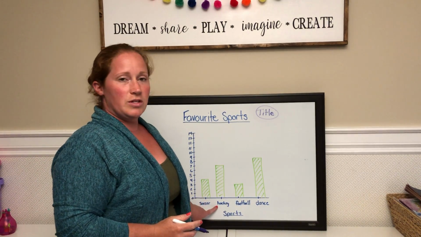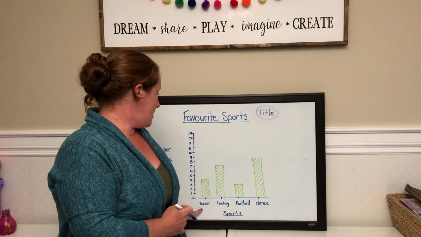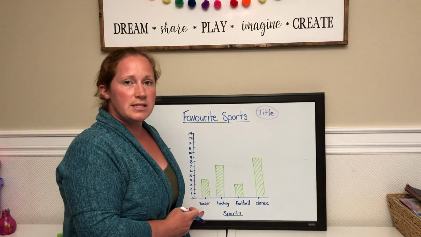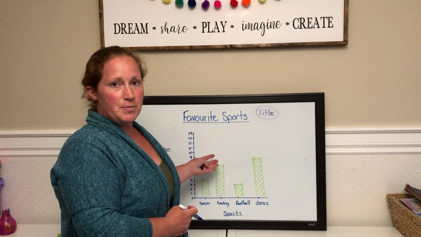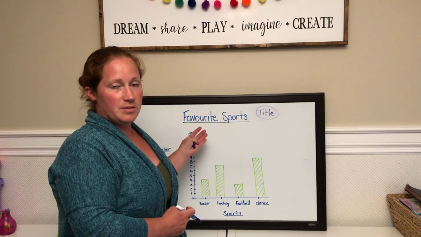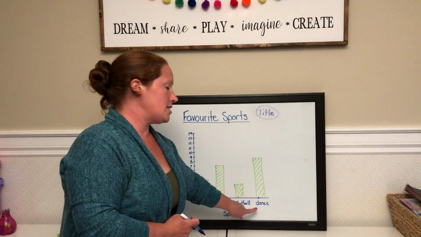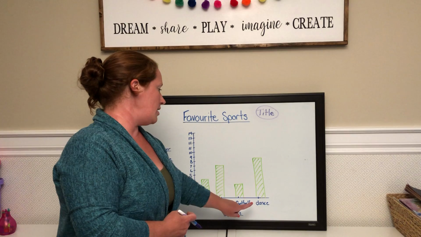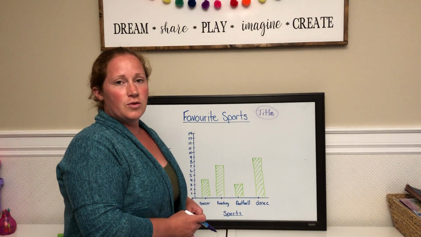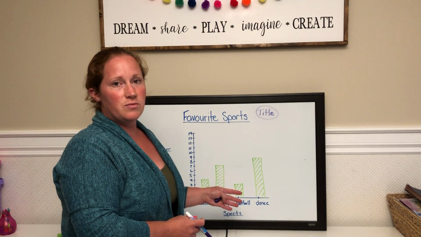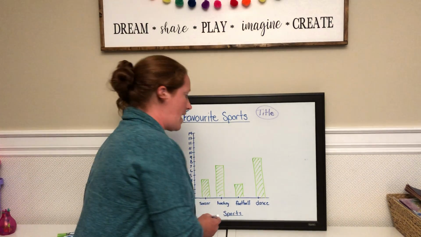The second thing you want to look at is this bottom, because along the bottom are the choices. So a group of people must have been asked, what is your favorite sport? And these are the choices they were given: soccer, hockey, football, and dance. Those choices will always be written along the bottom of the graph.